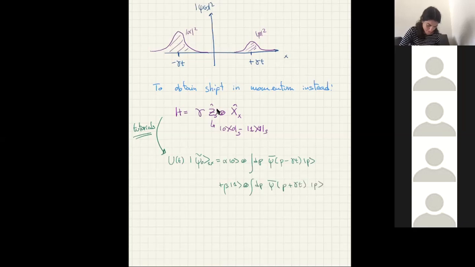Okay, and in order to make sure that these signs are going the way that we wanted, you might need to adjust the sign of this whole thing.